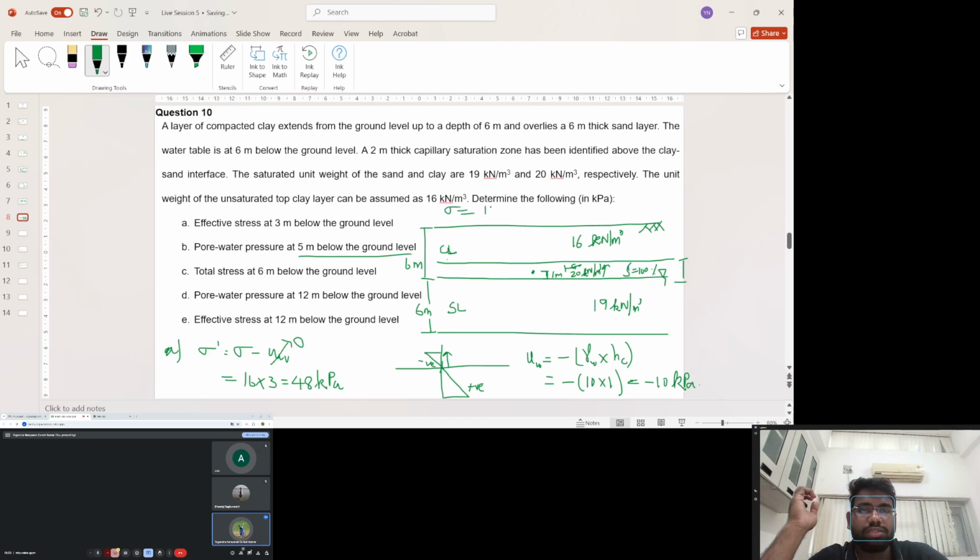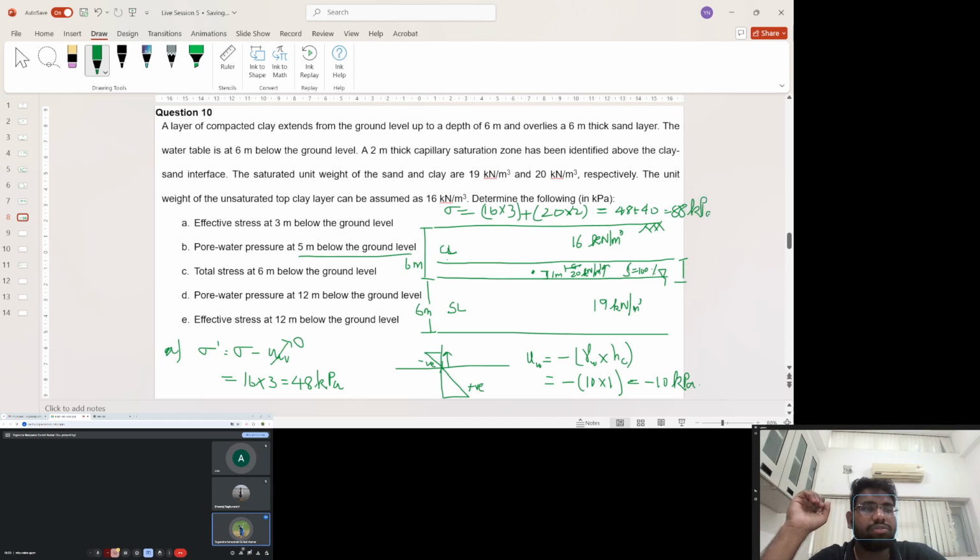It will be 16 into 3 plus 20 into 2, so it will be 48 plus 40, which will give you 88 kPa.